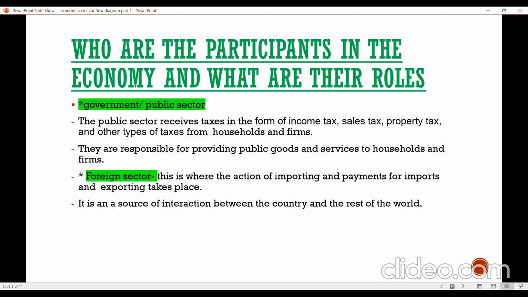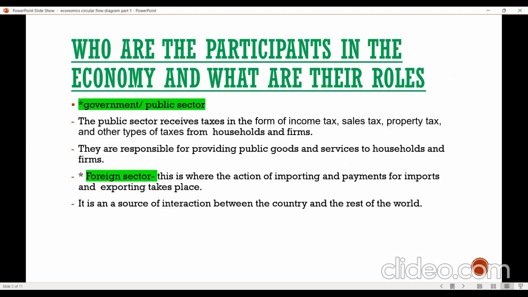They are responsible for providing public goods and services to households and firms, right? We've got roads, public schools, public hospitals, recreation parks. Those are all services provided by the government, right?